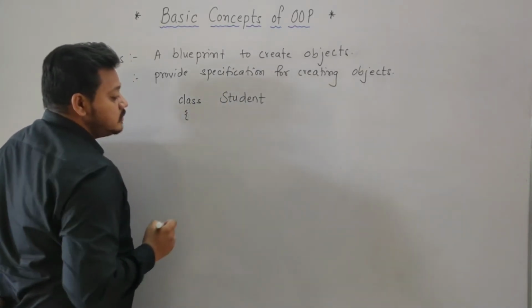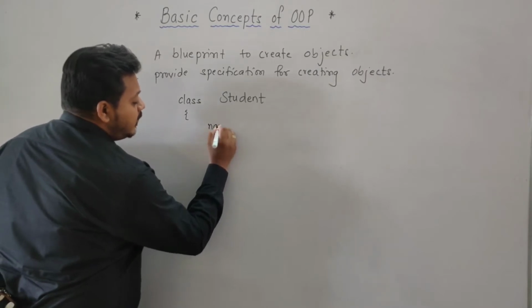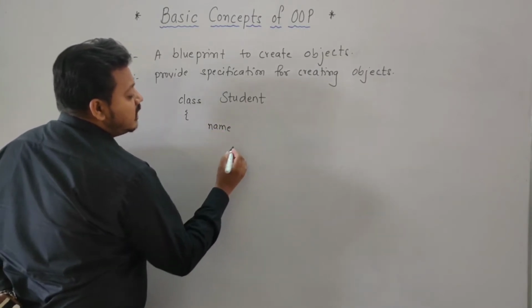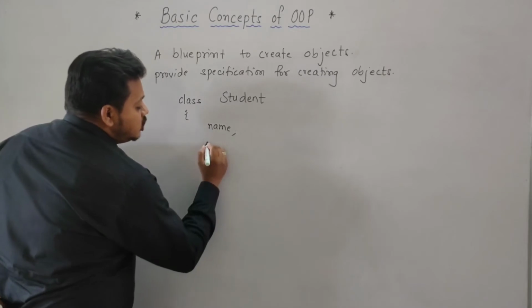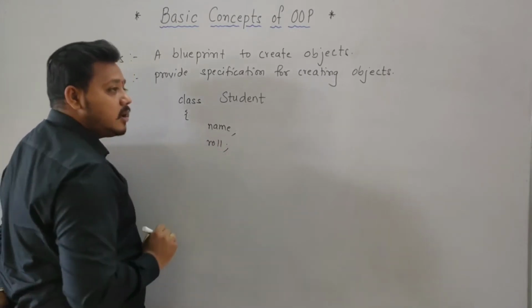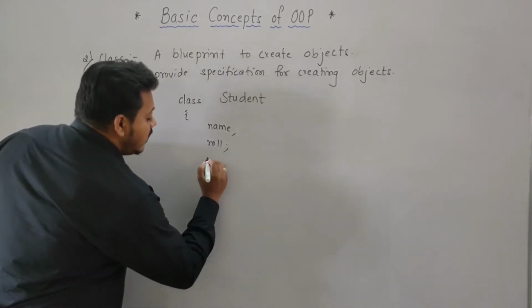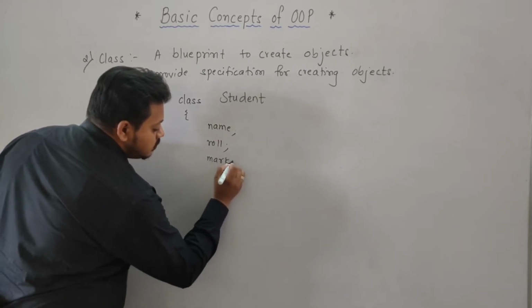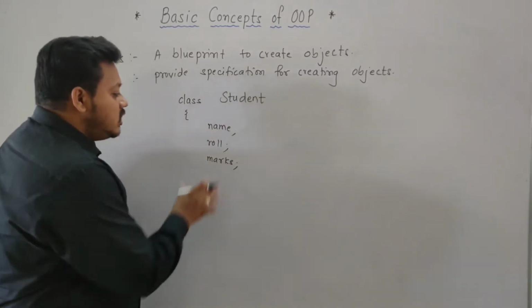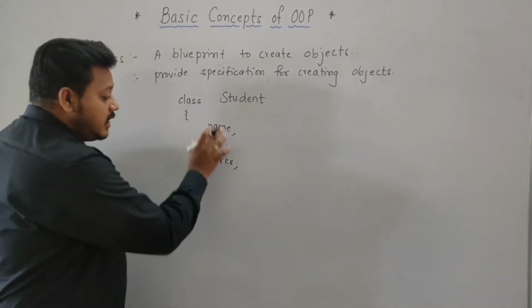Now in class student, I will have some attributes such as name. Each and every student has some name, some roll number, and some marks. These are the attributes, these are the data members.